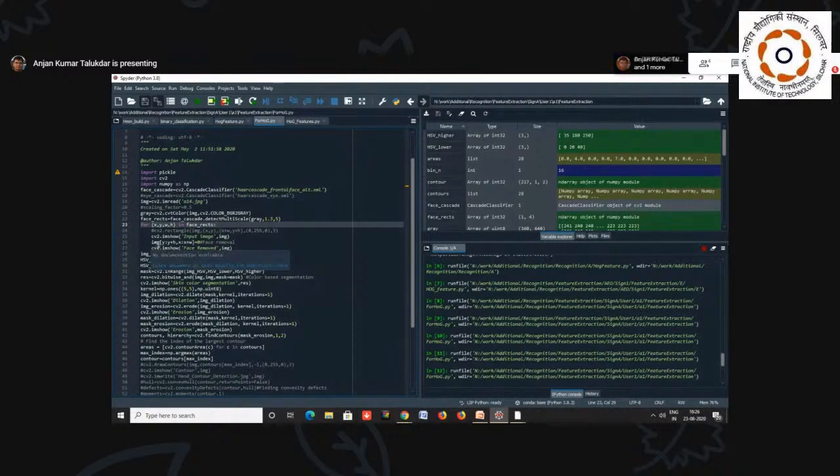First I have constructed a mask actually, and then I have removed the face. So here x, y, w, h, where x, y is the corner point, and w and h are the width and height.